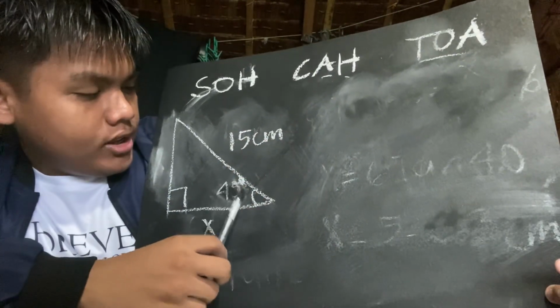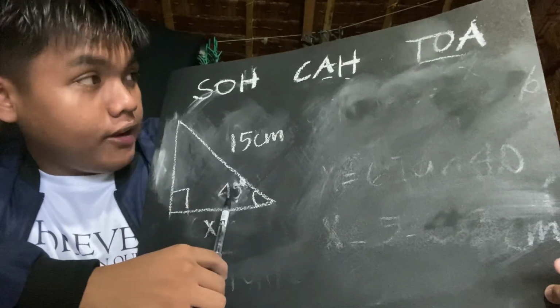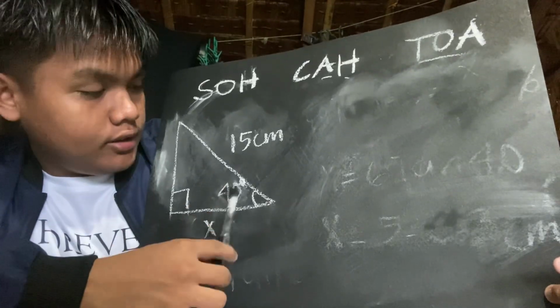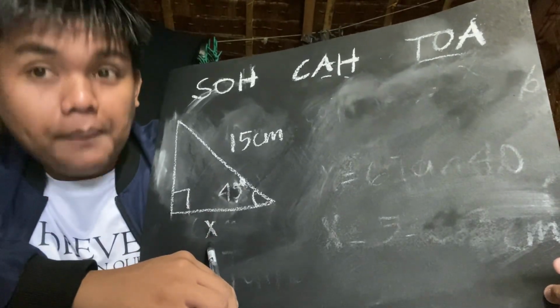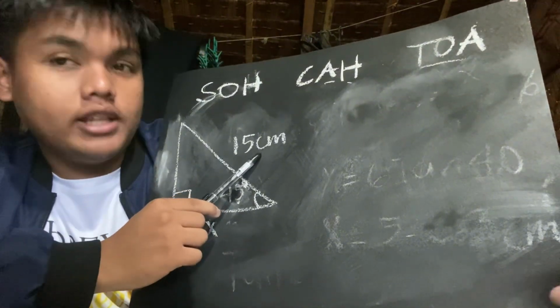So cosine of 45 equals the adjacent of this angle, which is x, over the hypotenuse of the triangle, which is 15 centimeters.